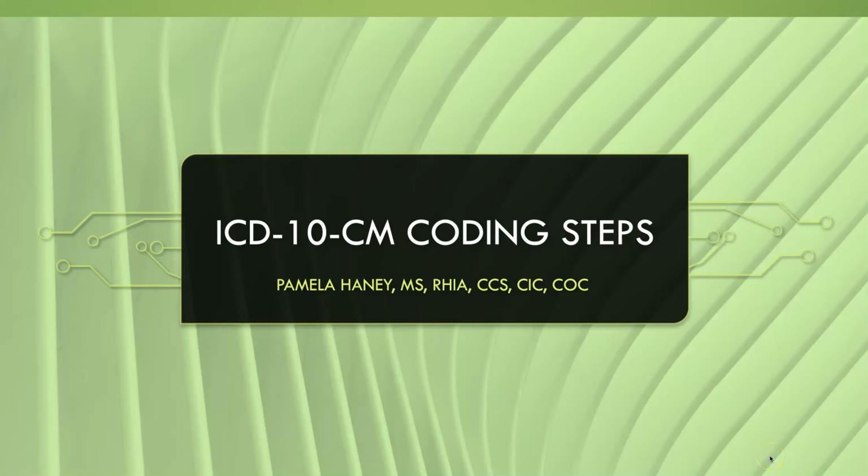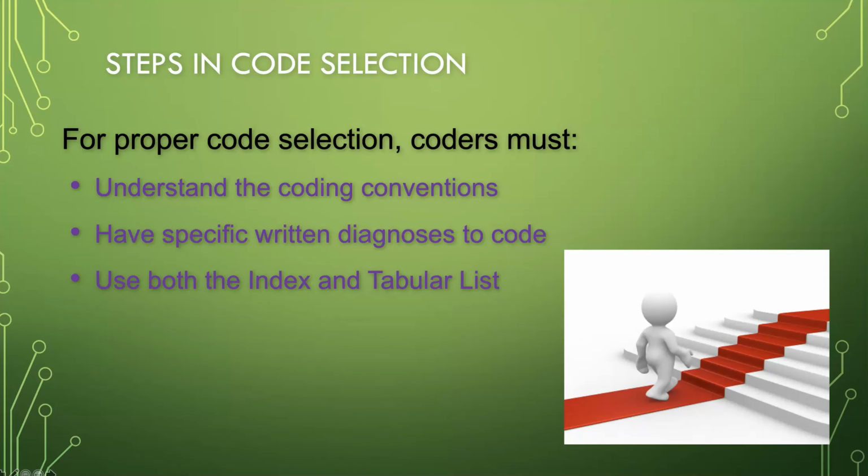I wanted to provide you with an orientation to the coding steps that we use in ICD-10 CM. In order to code correctly, it's so important that we understand the coding steps and the conventions of ICD-10 CM.